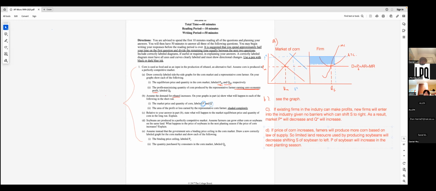So the price of soybean will increase in the next planting season. Okay, I guess that is the answer for question D.